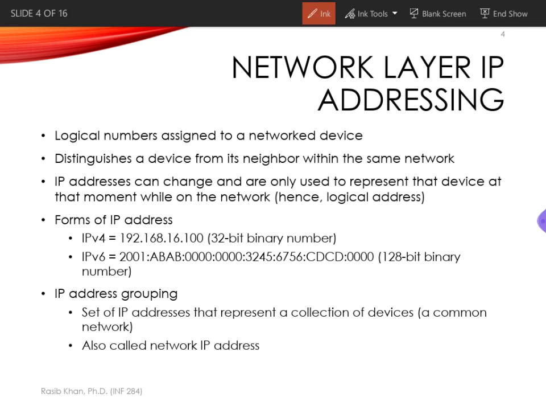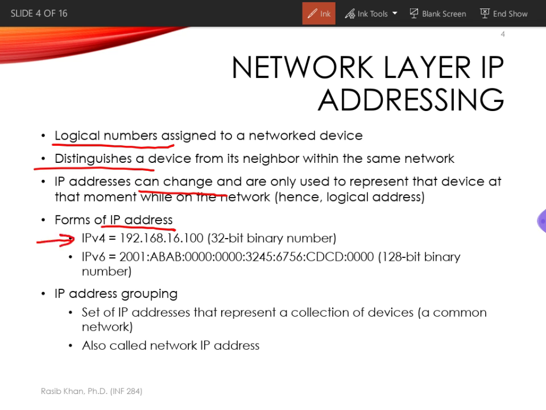So let's try to look at the basic format of IP addresses. So these are logical numbers assigned to a network device, and they allow devices to be distinguished from their neighbors within the same network. And they can change based on where they're connected in the network, and therefore they're called logical addresses.